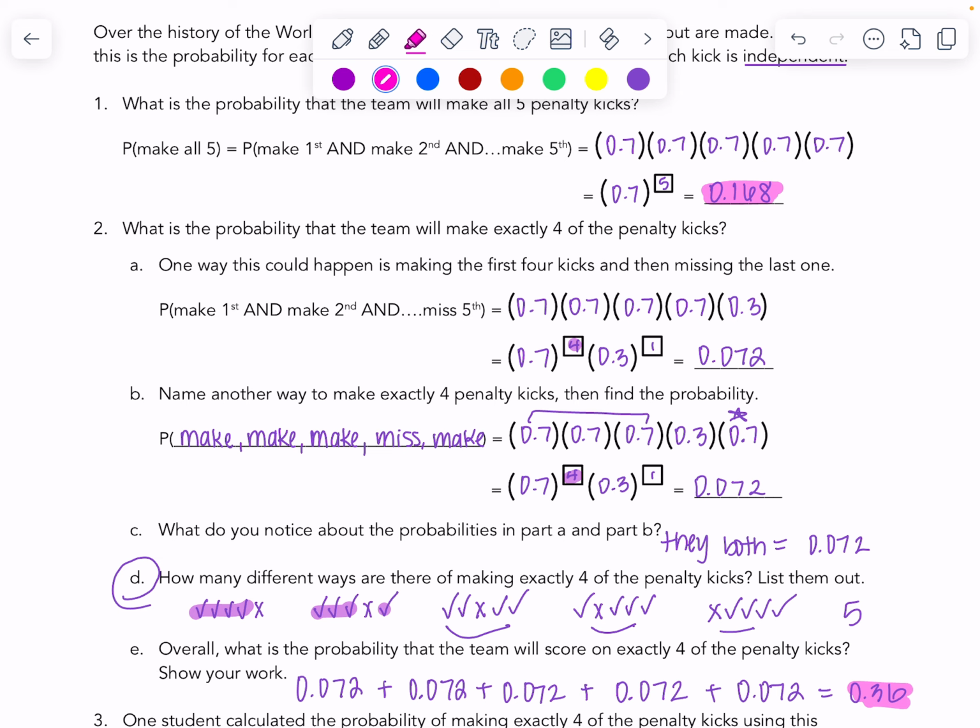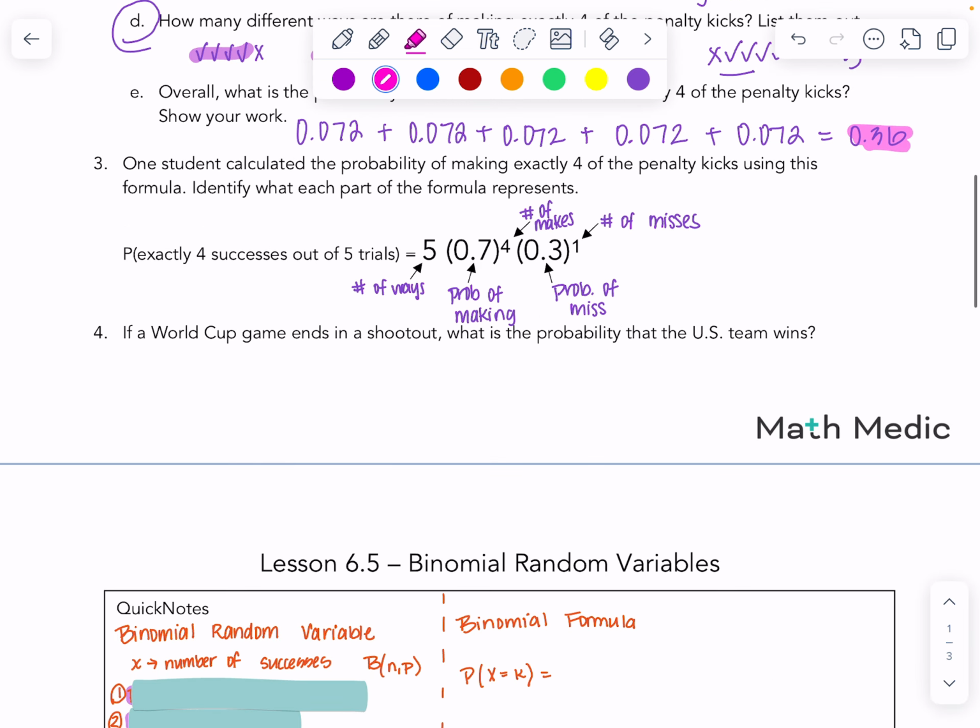Both of those scenarios would ensure that the U.S. team wins. So we're going to add those 2 probabilities together. The 0.168 was for 5 makes, and the 0.36 is for 4 makes. Adding those together, the probability is 0.528.